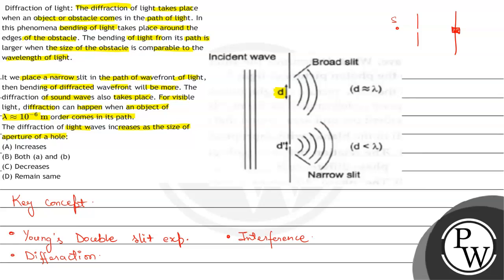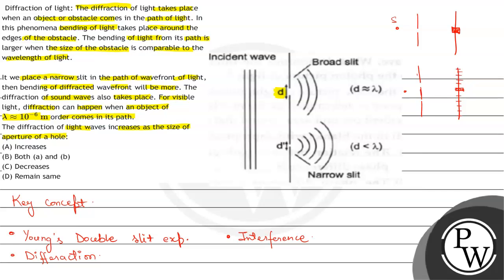And Young's double slit experiment is based on both of these topics, in which when we place two slits as shown here, the two slits form a central white spot at the center, and there are fringes of white spots around it at equal distances, and this is called Young's double slit experiment.